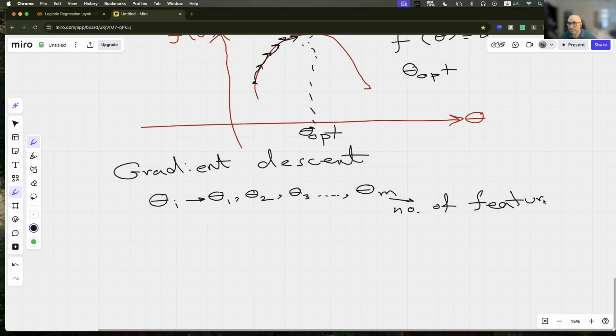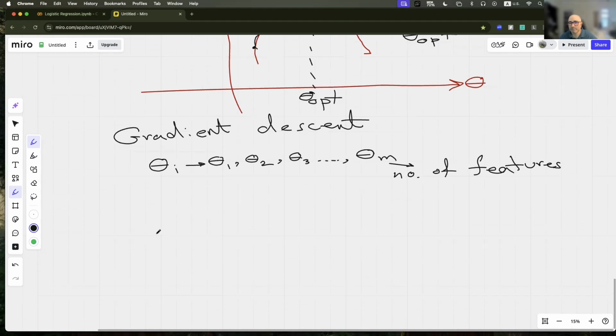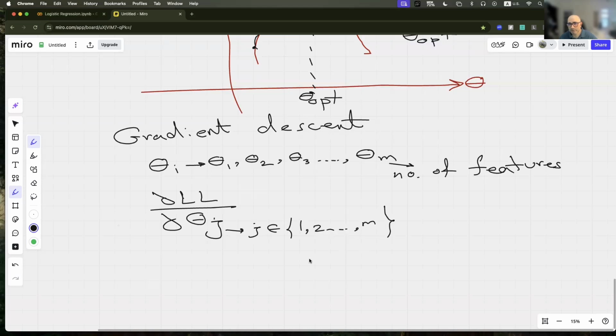For a spreadsheet, it means how many columns you have. We take the derivative of the log likelihood with respect to any of these thetas, which relate to the features, so j belongs to 1, 2, up to m.